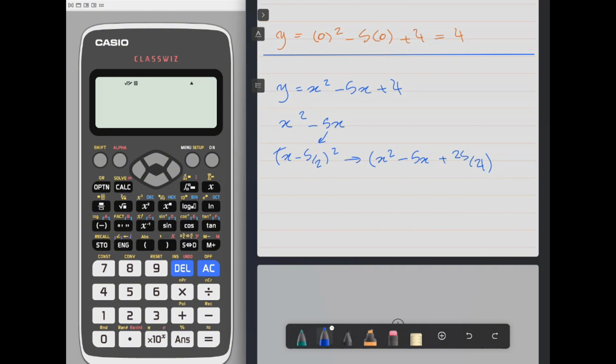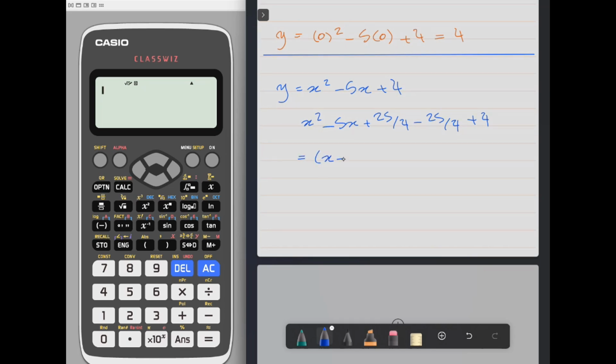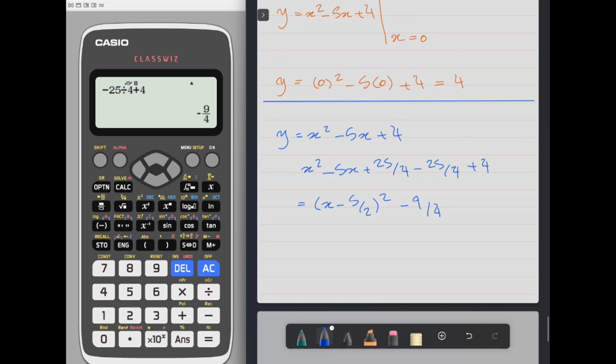So I'm just gonna write it as x squared minus 5x plus 25 over 4 minus 25 over 4 plus 4, which is going to be (x minus 5 over 2) squared, minus 25 divided by 4 plus 4, which is going to be minus 9 over 4. So, okay, now I wrote this in the form of completing the square.